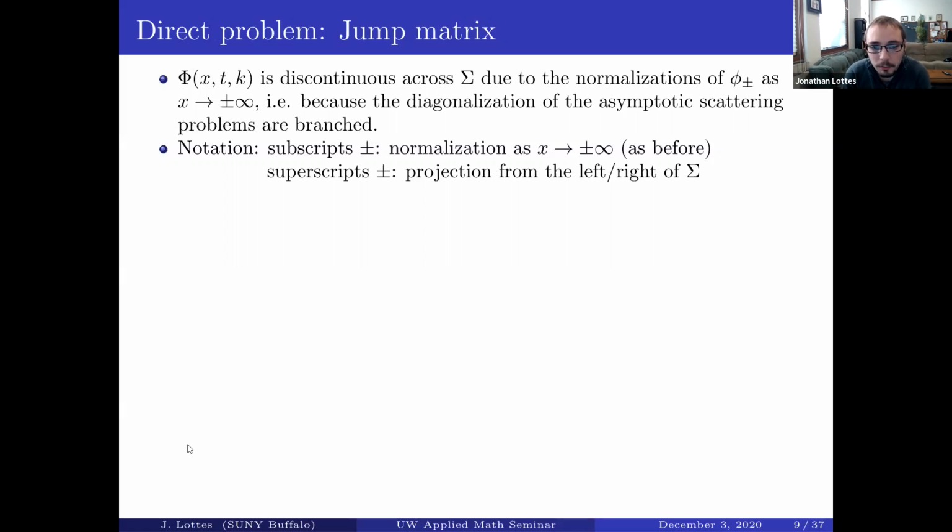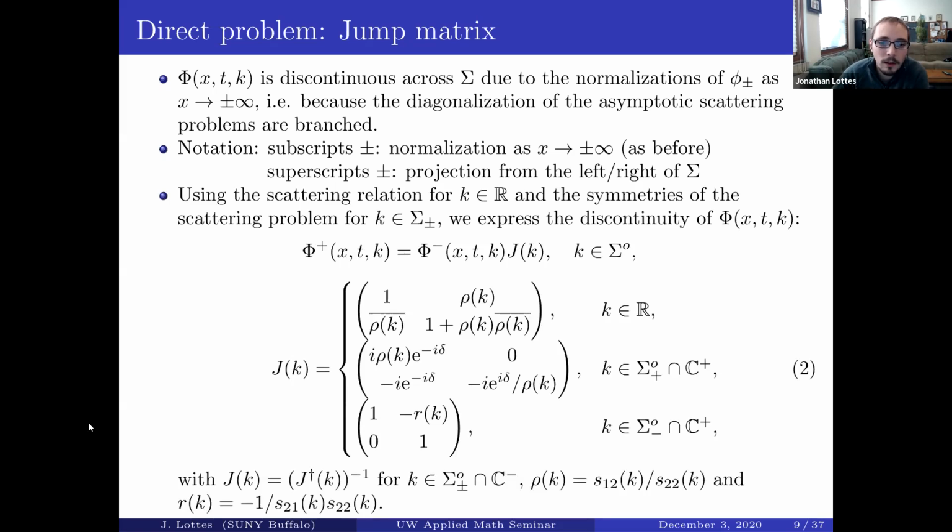So let's clarify some of the notation. As we've been using, we'll continue to use subscripts plus and minus to refer to normalizations as x goes to plus and minus infinity. But now we'll throw in superscript plus and minuses that are going to designate projections from the left and right side of the continuous spectrum sigma. And so we want to understand the discontinuity of phi across the continuous spectrum.